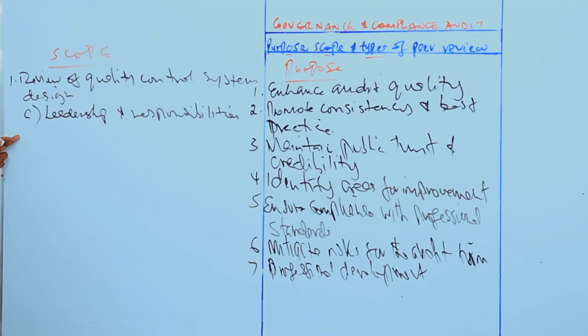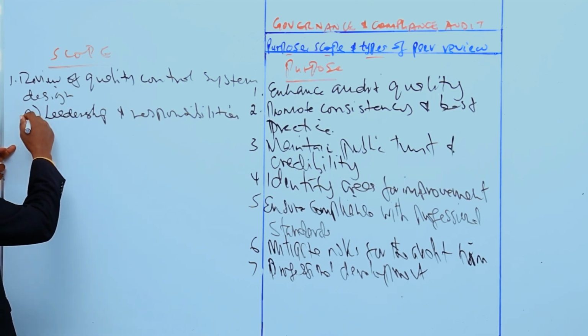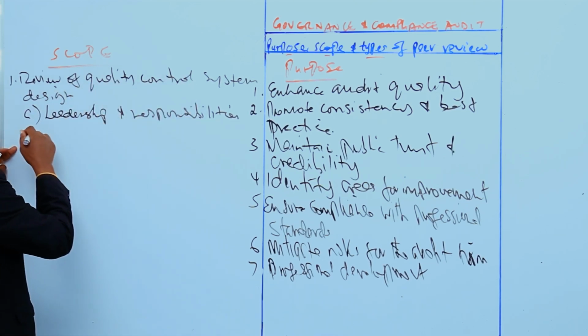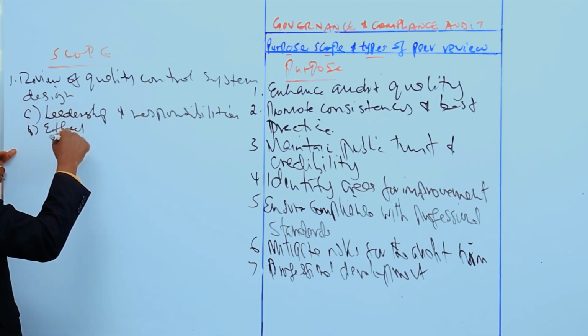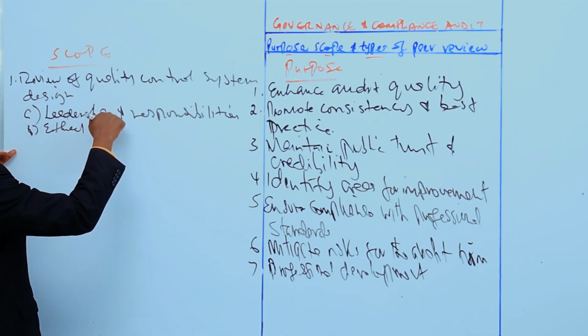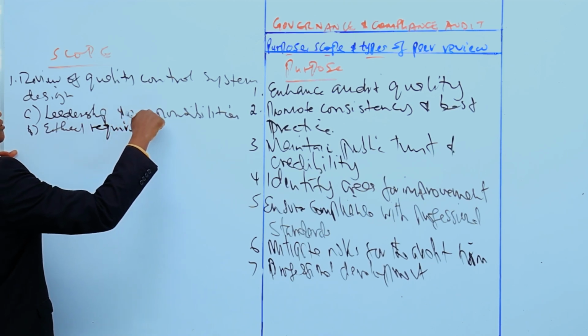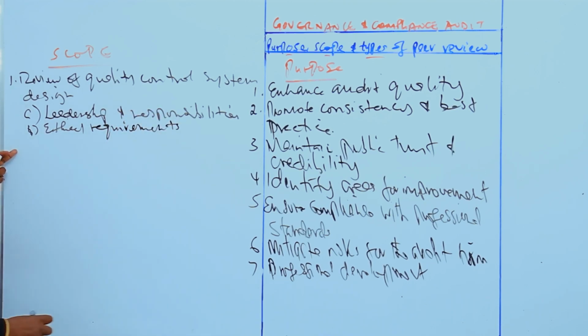It may also include ethical requirements. That means assessing policies and procedures related to independence, objectivity, and also integrity of the personnel involved in governance and compliance audits.